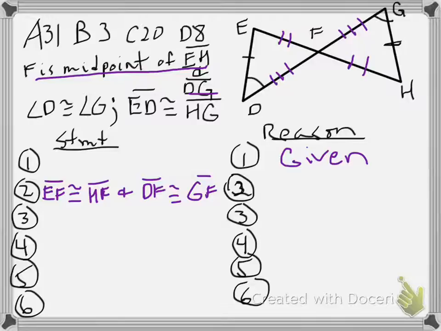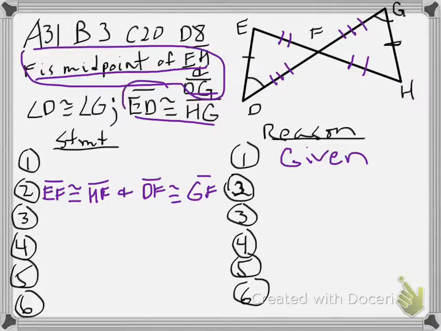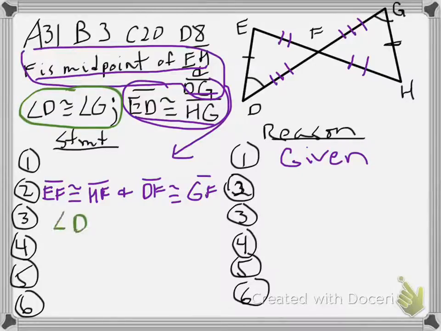Number 3, they said it was given. Okay, and you'll notice here, if you look at your thing, if I go back here, this here and this were both in the first given. The only thing we haven't used is this. So that's the only given left, so I must be putting angle D is congruent to angle G. Okay?